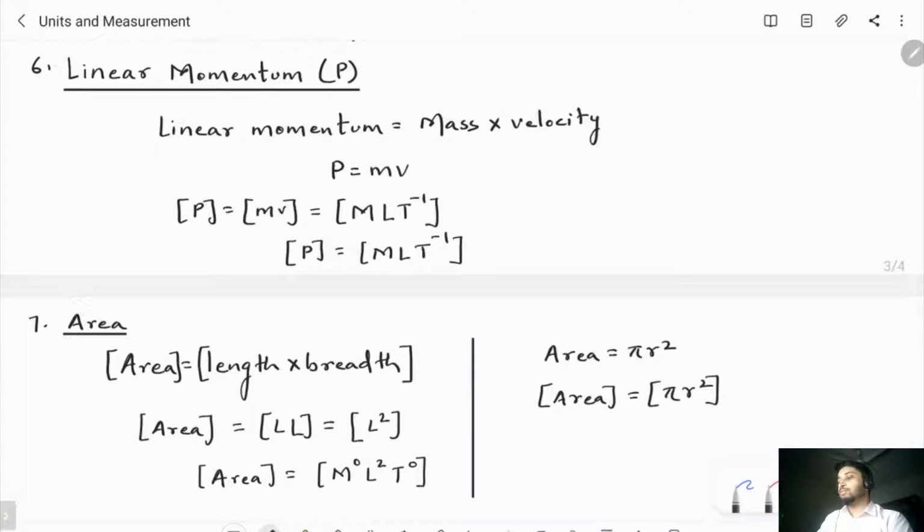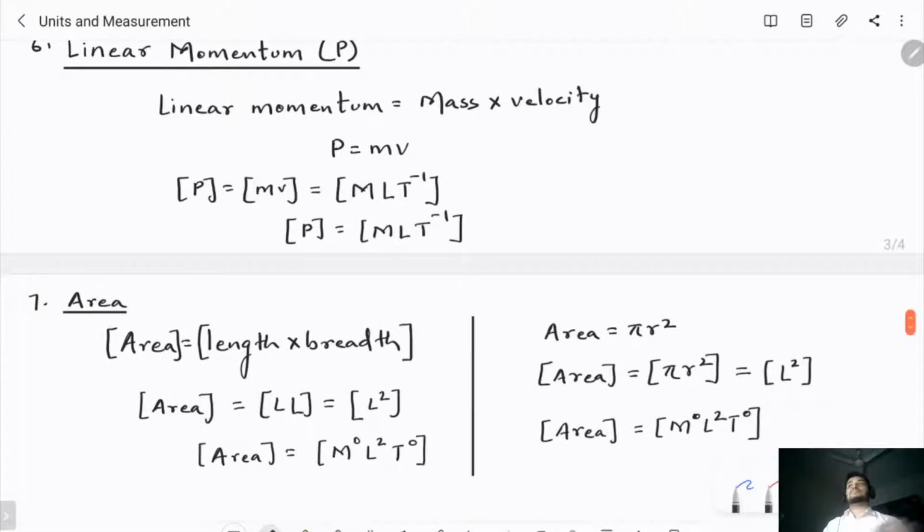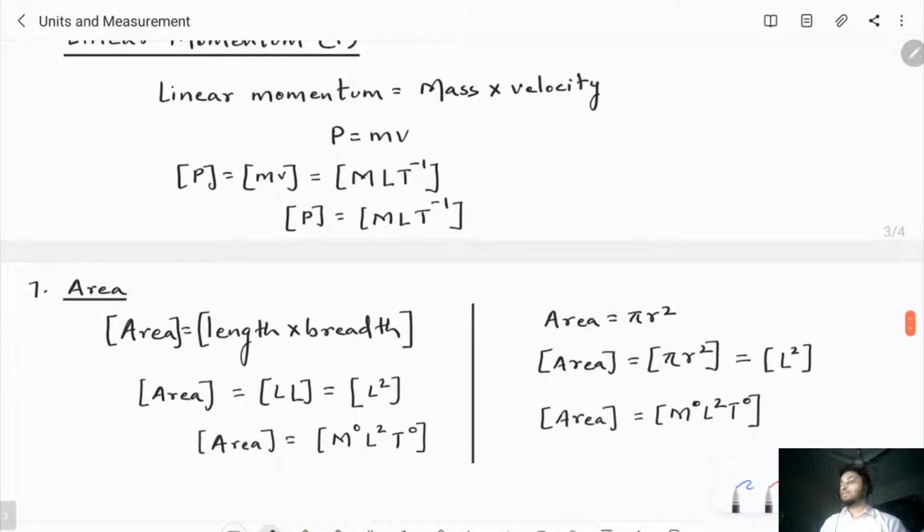So pi will not have any dimension, so that we can ignore. And radius is nothing but length. So for radius we'll get a length square. So the dimensional formula for area becomes L square, or again in standard form we can write it as M0 L square T0. This is what we have here.